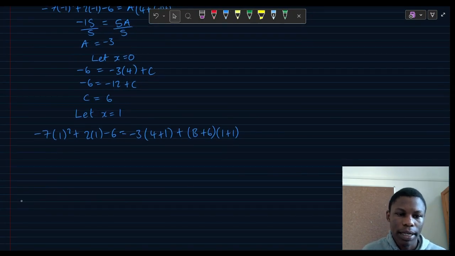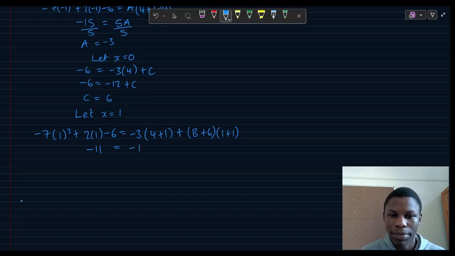And then we simplify. So on the left, we have minus 7 plus 2, which is minus 5, minus 6, which is minus 11. And then that's 4 plus 1, 5 times minus 3, minus 15. And then we've got plus, this here is 2, multiplying the brackets, so 2 times b, that's 2b, 2 times 6, that's a 12.